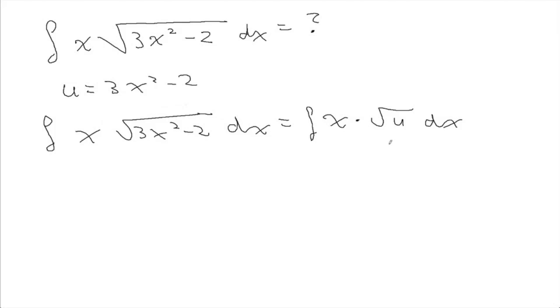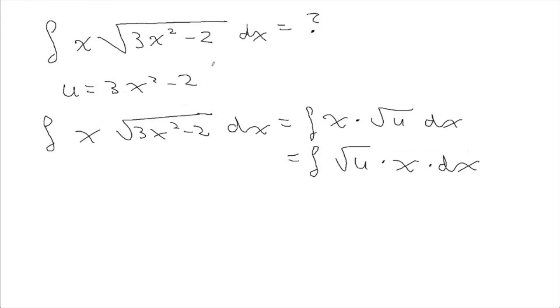That's right. Good. Now, I think the best thing to do now is rewrite this so all the u's are together and all the x's are together. So how can we rewrite this so all the x's are together? Well, we'll move the root u over here, and I'll move the x so it's next to the dx. And our next job is to get rid of this. We need to get rid of this and replace it with an expression in terms of u.